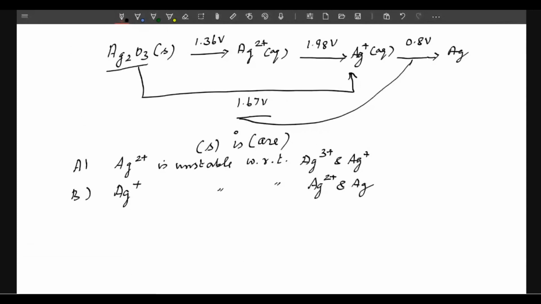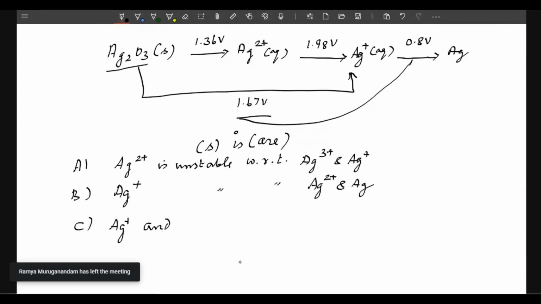C. Ag plus and Ag2 plus undergo comproportionation.